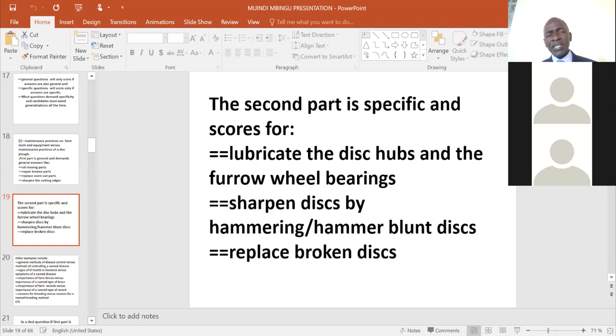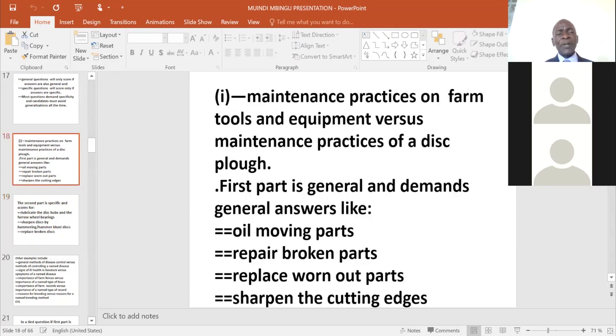Now, movable means can be taken from one point to another. For example, movable calf pen. So if you are answering a general question, like we have seen in the previous slide, you can say oil or apply grease on moving parts. Don't say movable, that would be technically wrong.